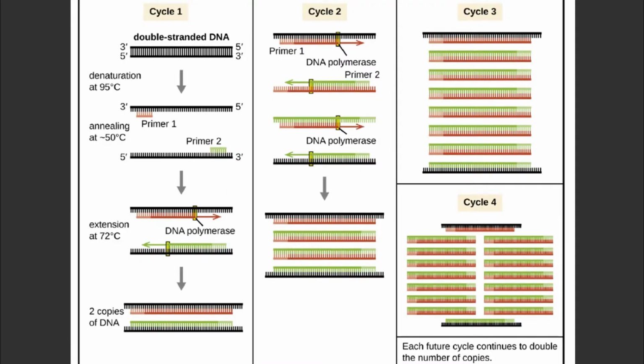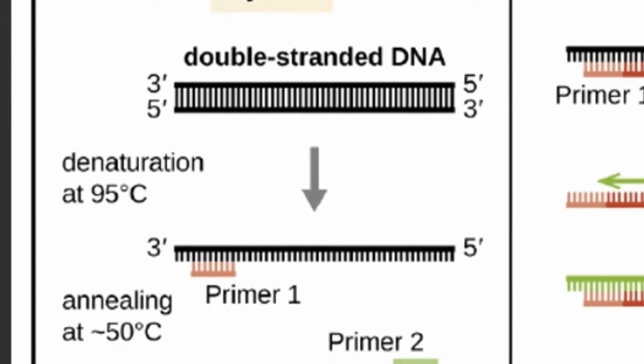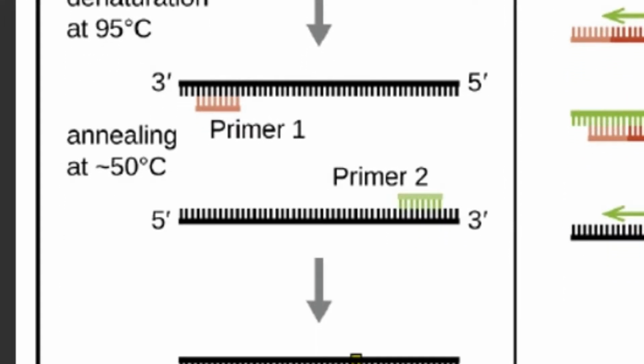So polymerase chain reaction has cycles that are made up of 3 temperature profiles. And each cycle begins with a denaturation step, which is about 95 degrees Celsius, which will denature the DNA into 2 single strands, exposing the nucleotides. Then it will drop down to about 50 degrees, maybe up to about 65 degrees to allow those primers to anneal.